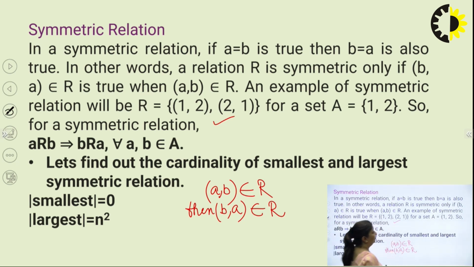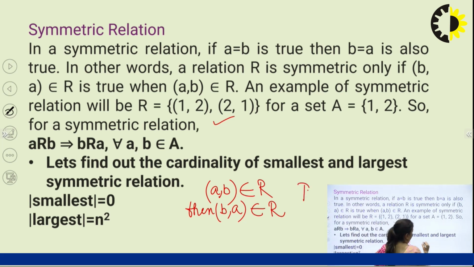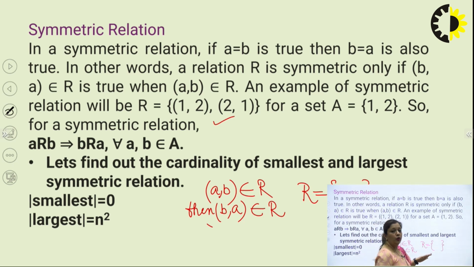So, we can have a number of symmetric relations which are possible. But let us talk about the cardinality of the smallest and largest symmetric relation. Suppose I have a relation which doesn't contain any element, it is just an empty set. What can I say? Is it a symmetric relation or not? Yes, it is a symmetric relation. Why?